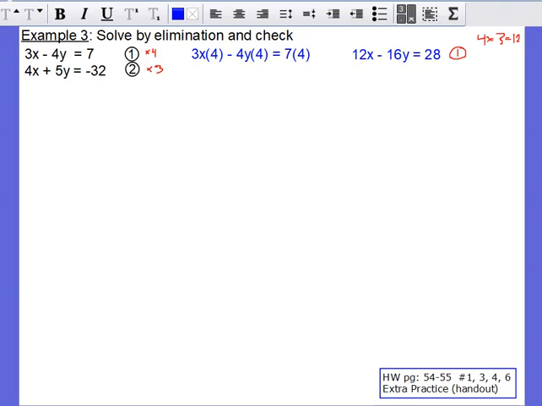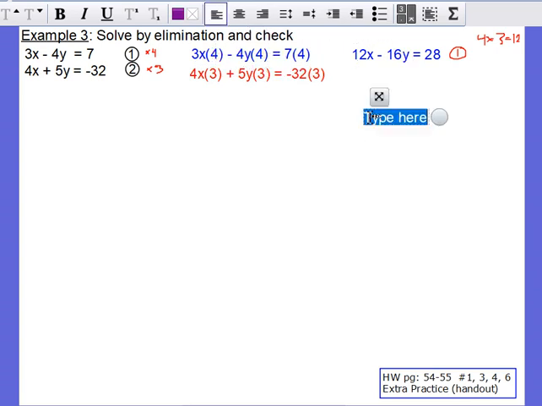How about equation number 2? Let's do this one in red. 4x, we're going to multiply it by 3, plus 5y, we're multiplying that by 3, equals negative 32. We also multiply that by 3. Lovely.